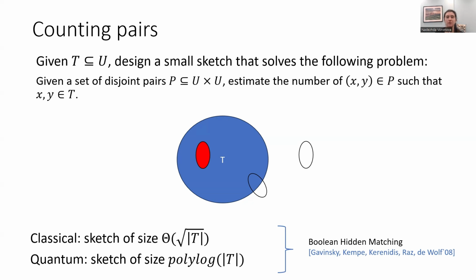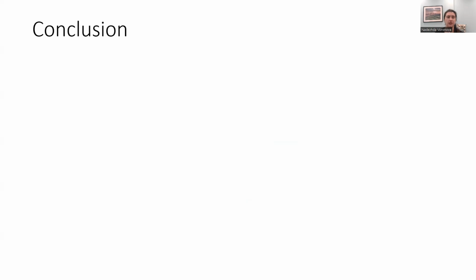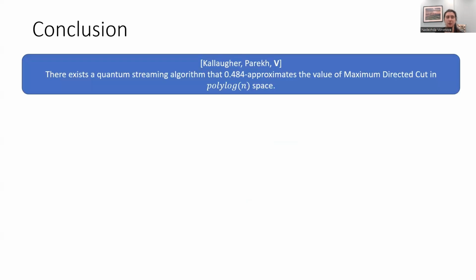And in our algorithm, we build on this quantum sketch in order to approximate the snapshot and thus the maximum directed cut. By doing this, we show that there exists a quantum streaming algorithm that 0.484 approximates the value of maximum directed cut in polylogarithmic space.